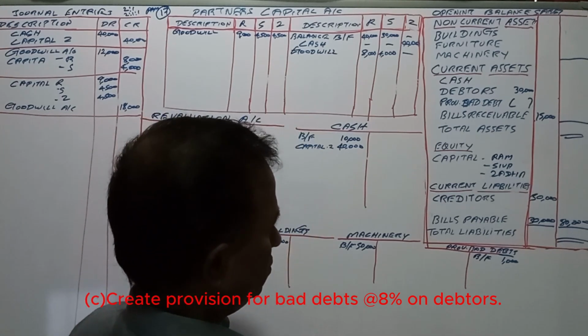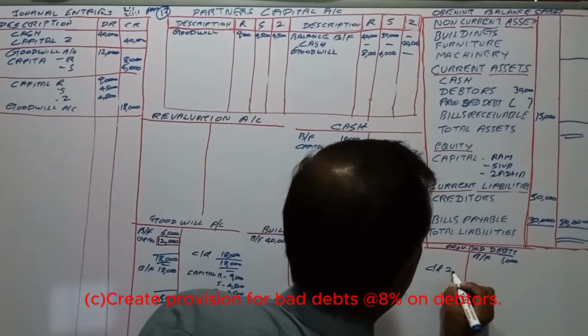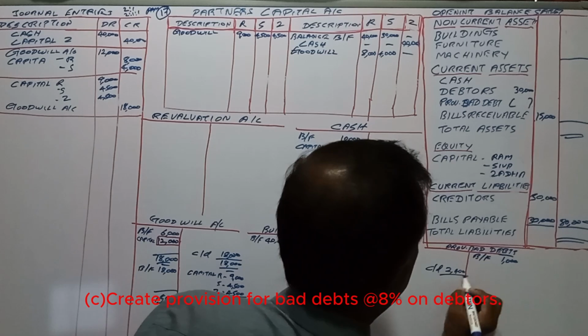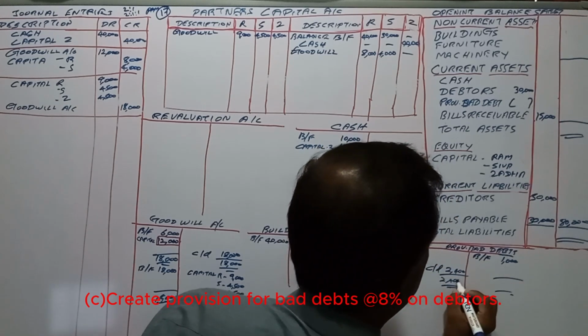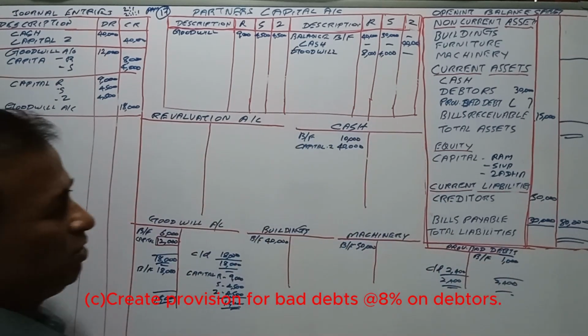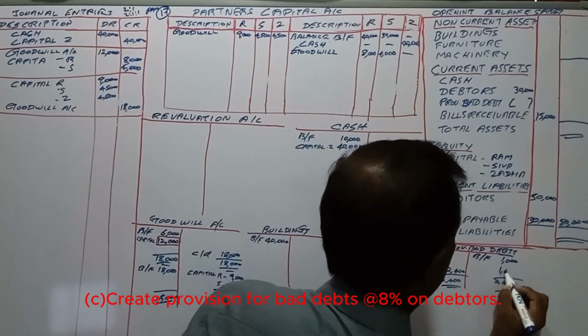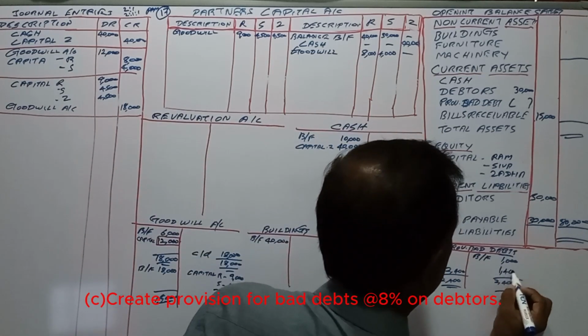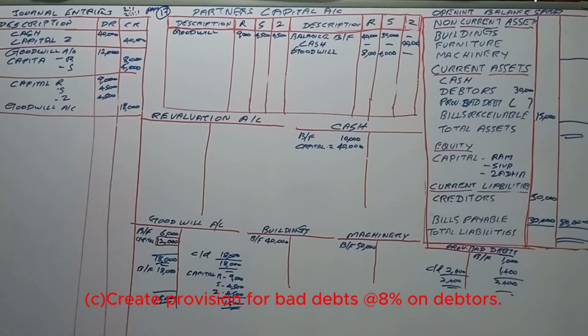Then carried down value is 2,400. But already we have brought forward value of 1,000. The difference is 1,400. For 1,400 only we have to pass an adjustment, right?